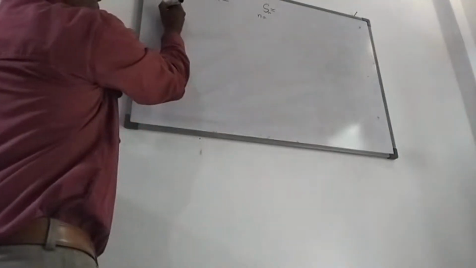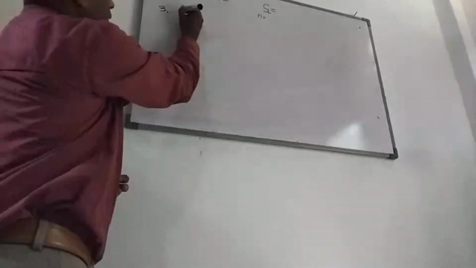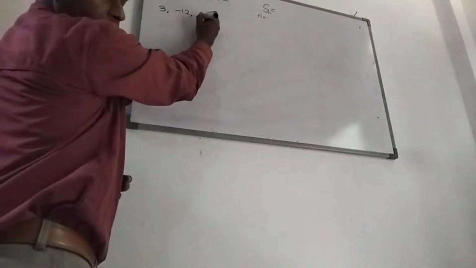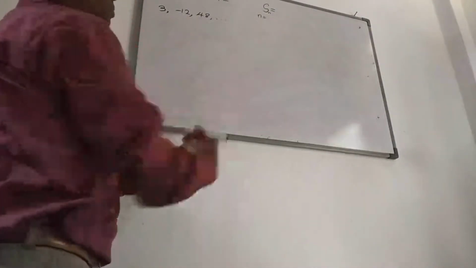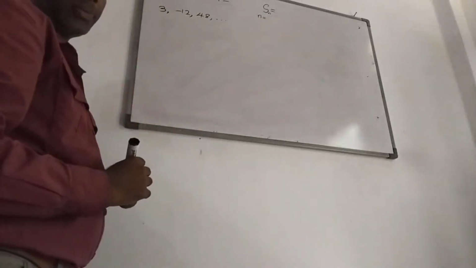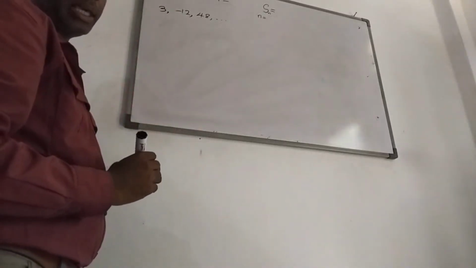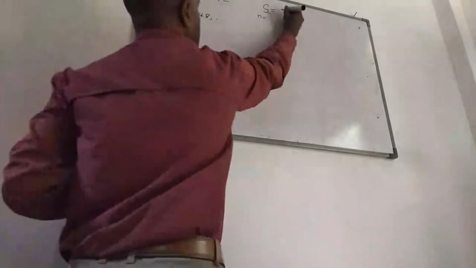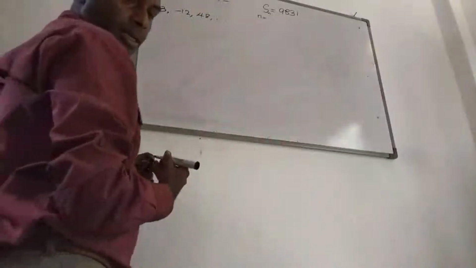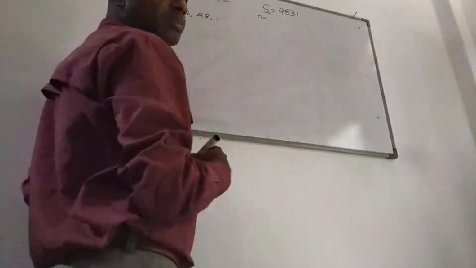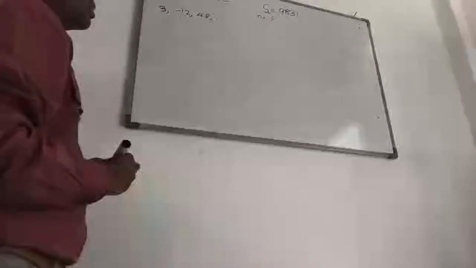Here they have given the progression 3, negative 12, 48, and so on. For the sum to be equal to 9831. We need to find n, the number of initial terms.